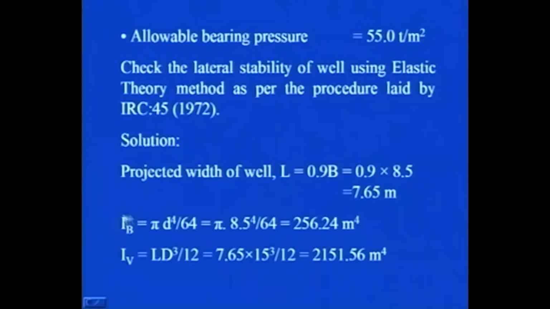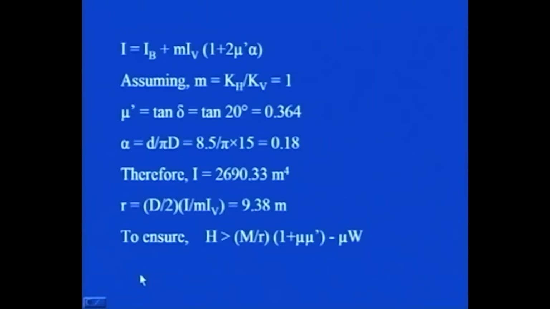Then using these two geometrical properties IB and IV, we can find I using this expression: I is equal to IB plus M IV into 1 plus 2 mu prime into alpha. Assuming M, which is defined as KH upon KV, as we have already discussed in step 2, let us assume a value of unity. Then mu prime is defined as tan delta.